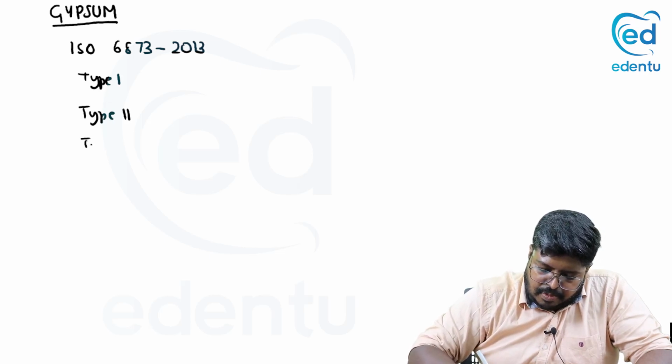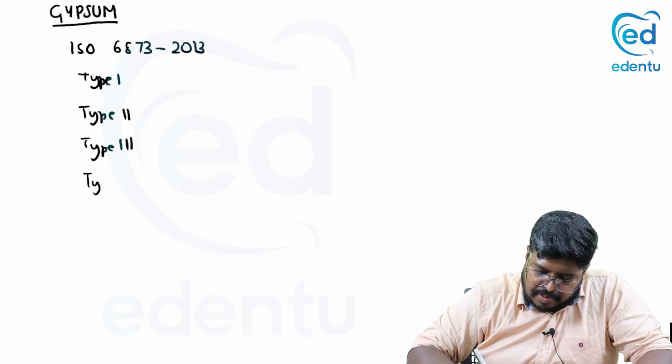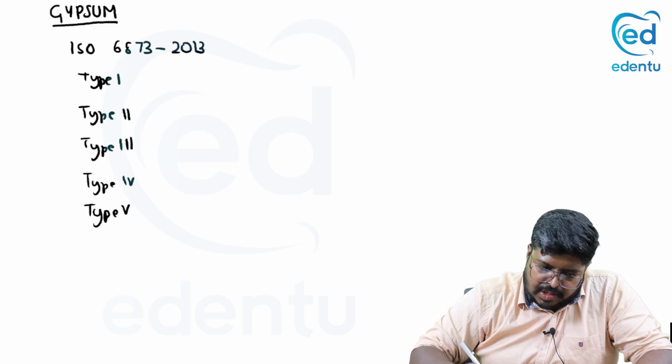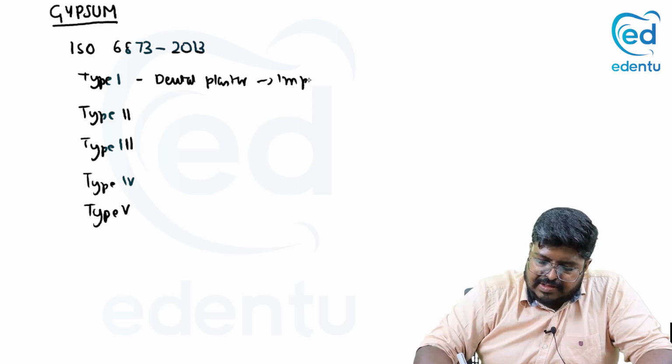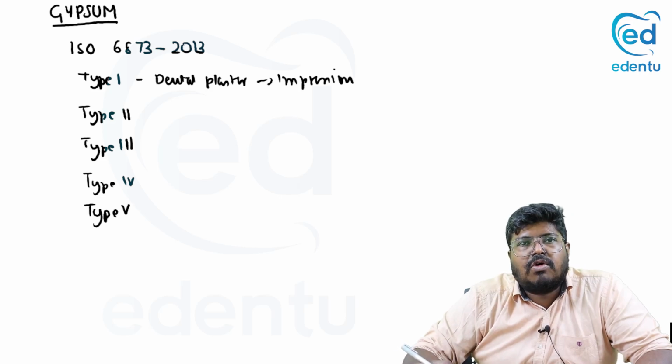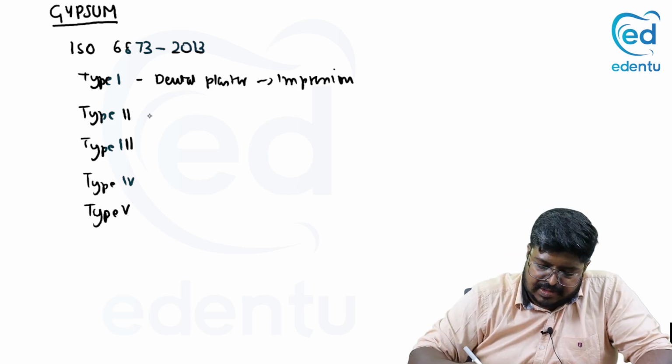You have type 1, type 2, type 3, type 4, and type 5 gypsum products. Type 1 is called dental plaster, and this is used as impression material, therefore this was called impression plaster.